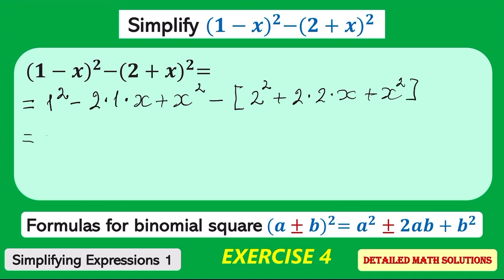When I simplify further, I get 1 minus 2x plus x squared minus, in parentheses, 4 plus 4x plus x squared.